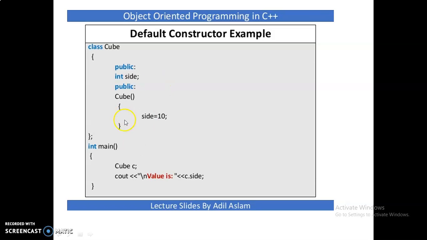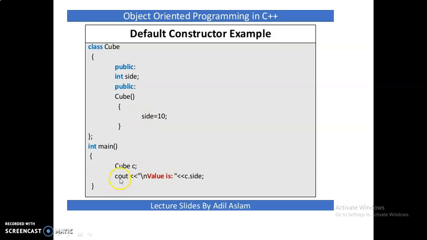By default, when the object C is created for the class cube, the value 10 is assigned to the variable site, because the class name is the same as the member function name, which is called the constructor. It does not have any return type. When the object is created, it automatically calls this constructor and assigns the value 10 to site.